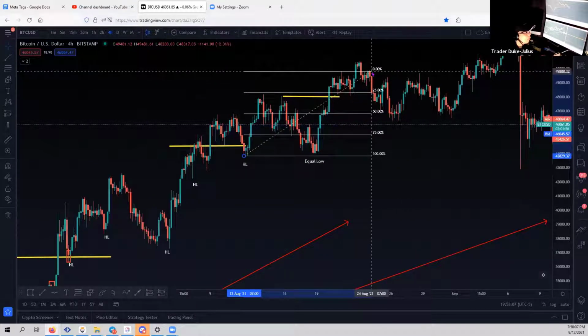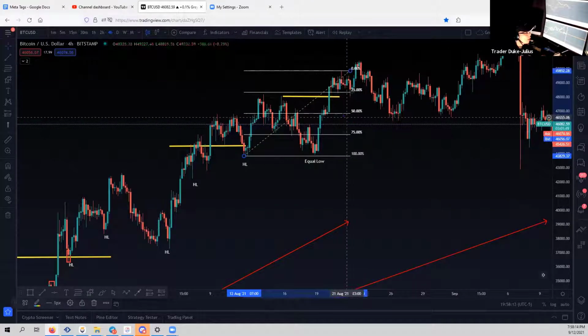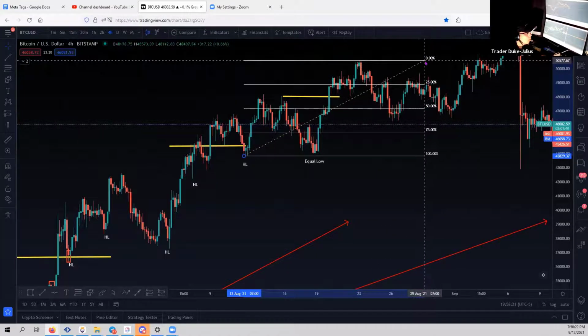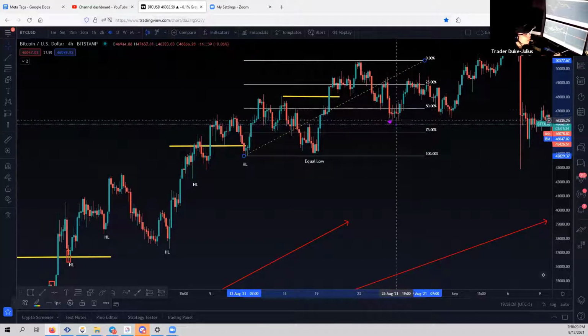At this point, if we put it right here, when we had broken structure and started to range sideways, we never got down to the 50, but it gave another impulse to the upside. We move the FIB to this height and we wait for price to come back to 50 or better.